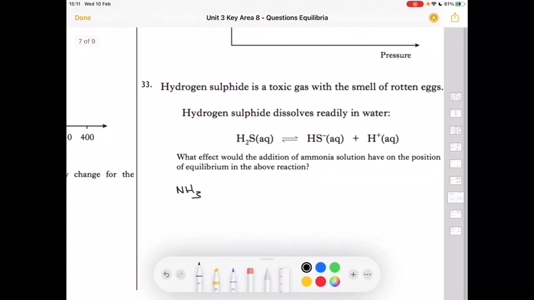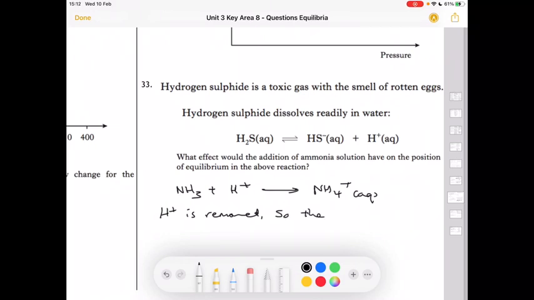So ammonia NH3 plus H+, that would form NH4+. And if it does that, that means it's going to be taking away the hydrogen ion. That means that it would move the position of the equilibrium to the right. So H+ is removed. So the equilibrium moves to the right.